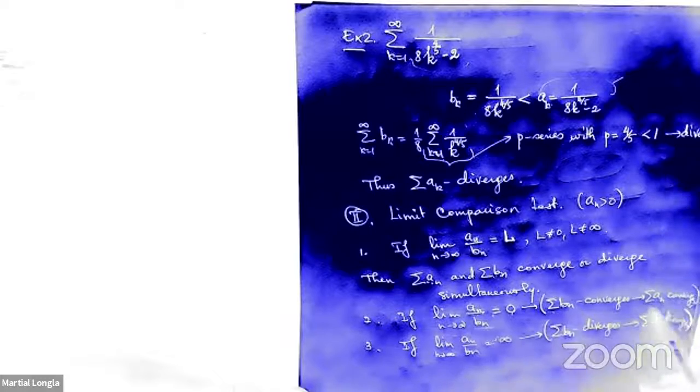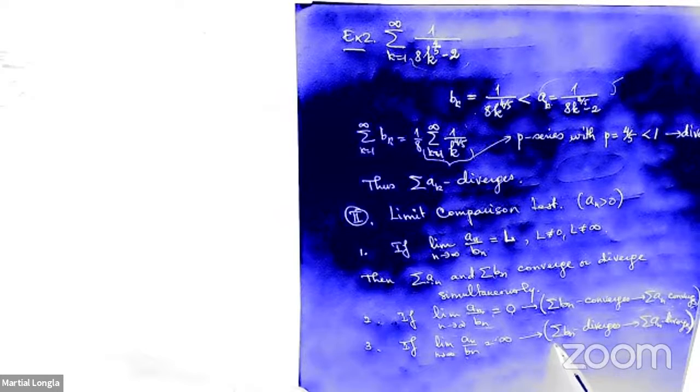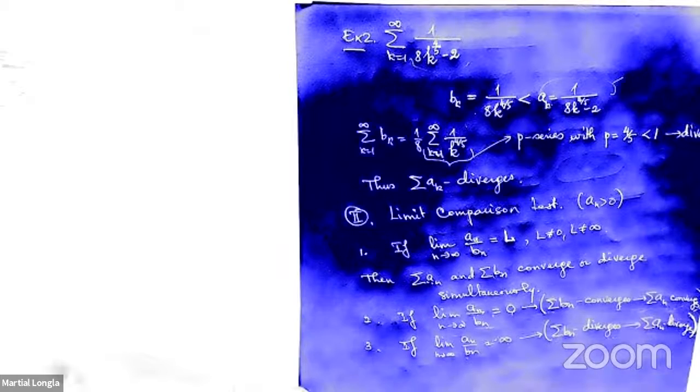So this is just a simple comparison test. Same here. If an over bn is infinity, that means that an is very large compared to bn. Therefore, if the sum of bn diverges, being small, the sum of an will diverge as well. Okay, so that's how you prove these two things.